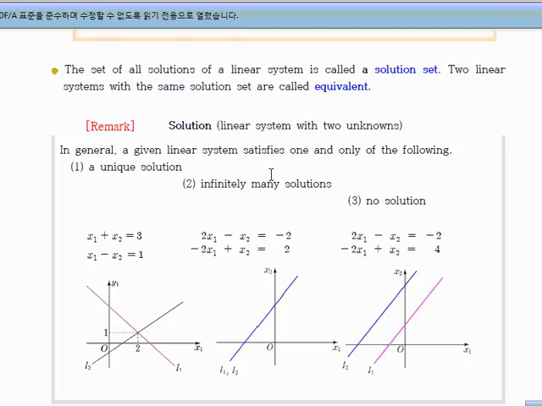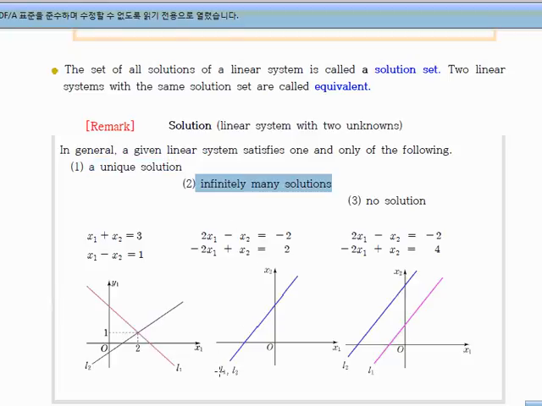Here are some visual examples of the cases. A given linear system satisfies one and only one of the following. A given linear system may have a unique solution like this, or infinitely many solutions like this.